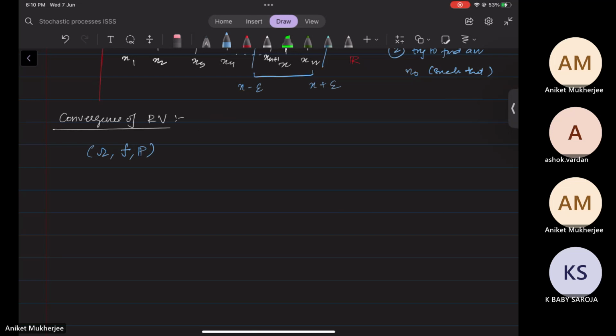On this probability space, you are given a sequence of random variables. Now, this sequence of random variables could be anything. Each random variable could be a function of n, could be IID, could not be IID. It doesn't matter. We are not going into that, but you're just given a sequence of real valued random variables.